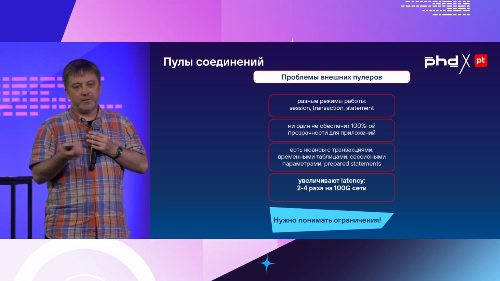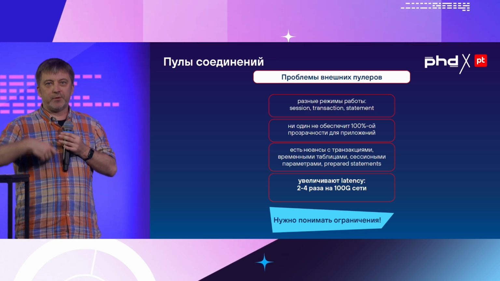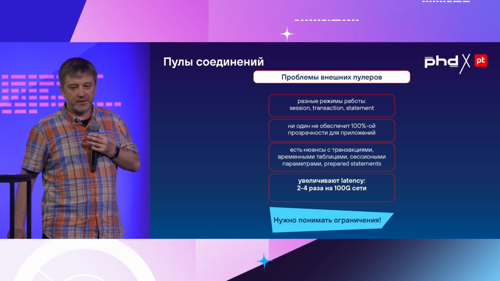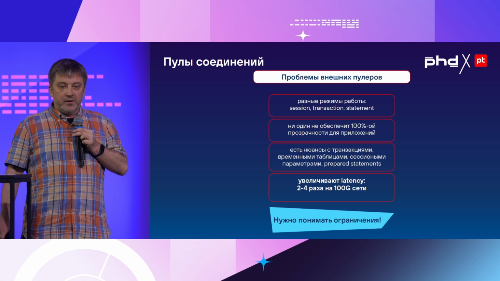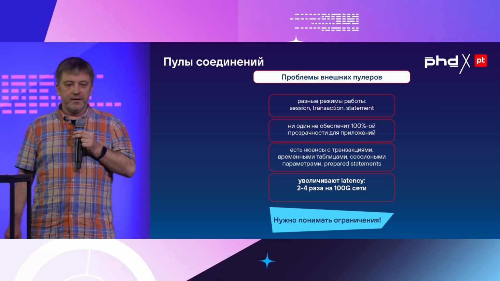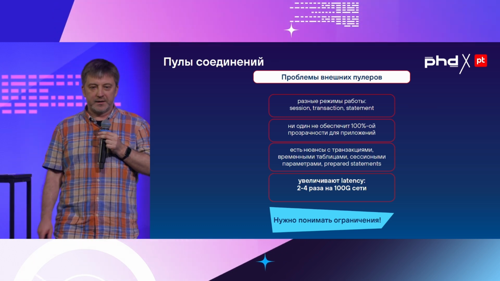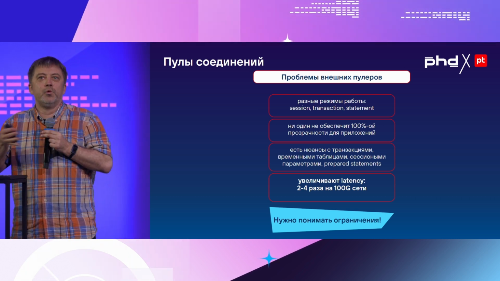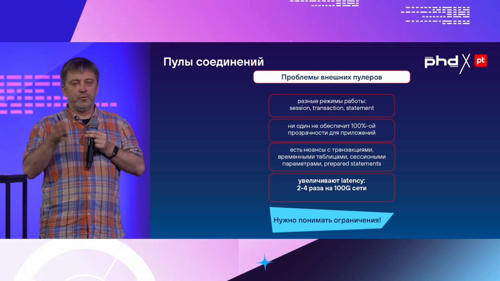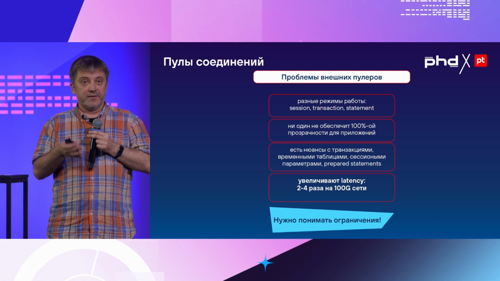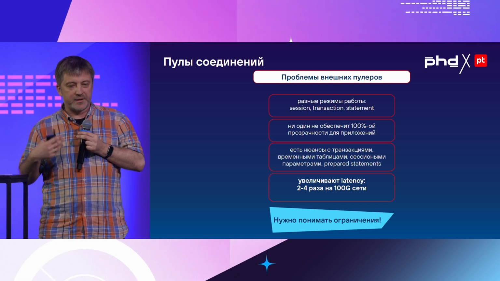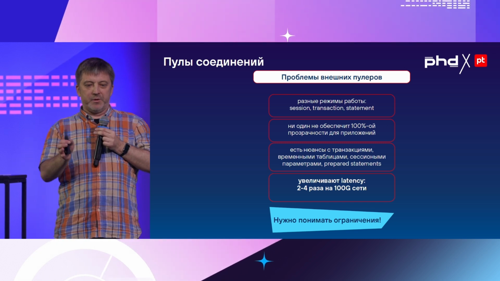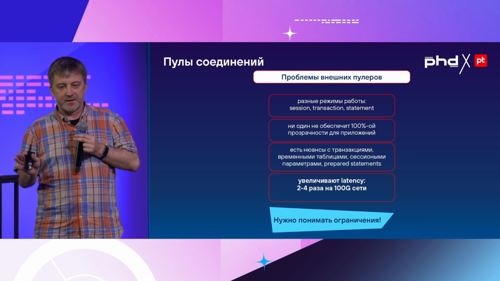So in any event, an external proxy will need to make two system calls. It'll first need to read and then send to the database. So we ran our own tests. My colleagues ran them. They were using different proxies for Postgres, and they all increase the latency by a factor of 2 to 4.